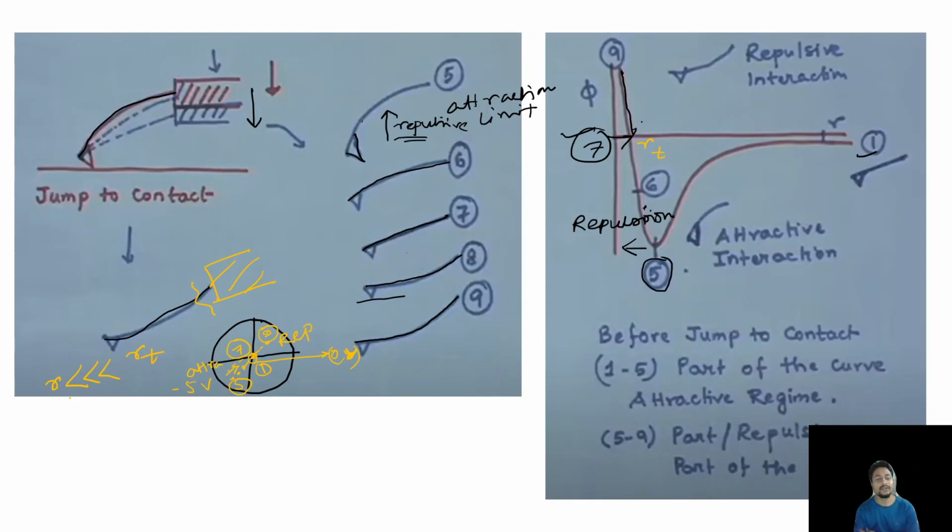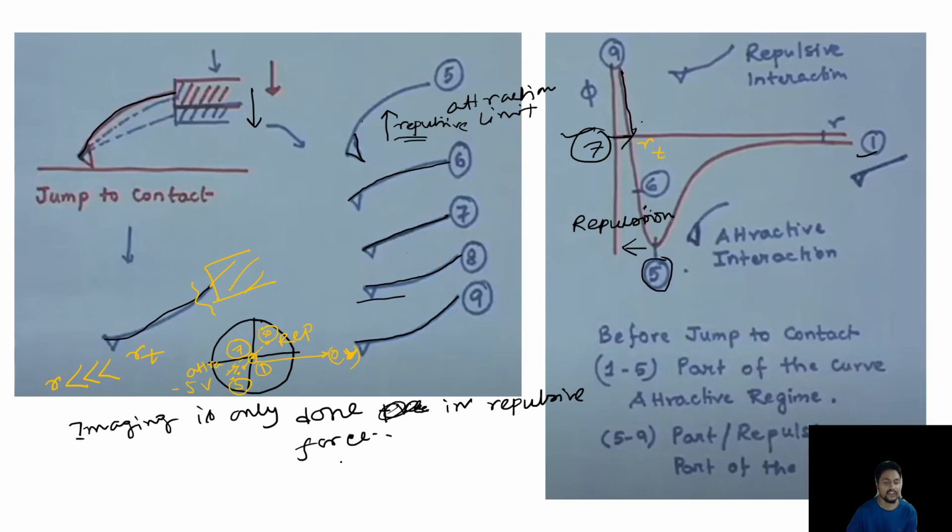So we need to set some point, and one also needs to remember that AFM imaging is only done in contact mode, obviously, only in the repulsive force regime, right?